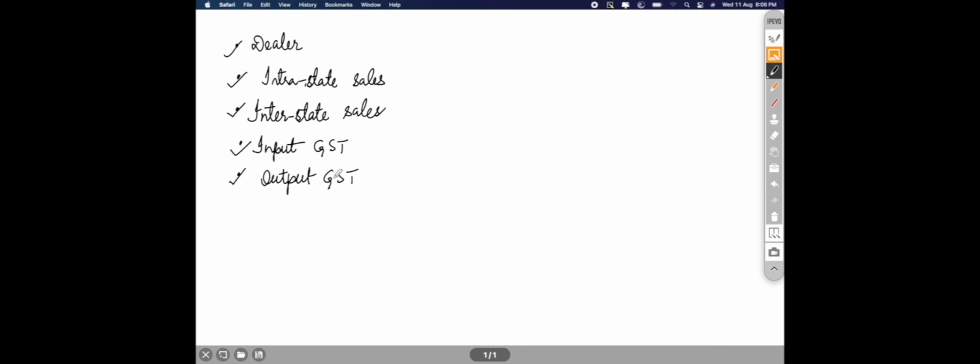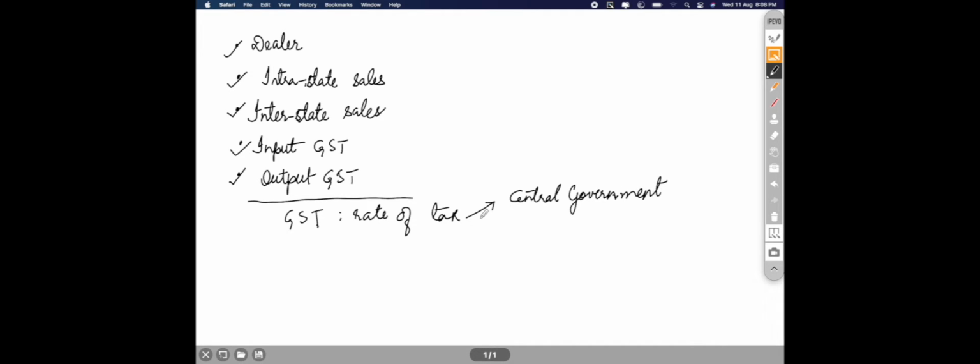Now, we have to keep one thing in mind, that is, when we calculate GST, the rate of tax will go to the central government and also to the state government.